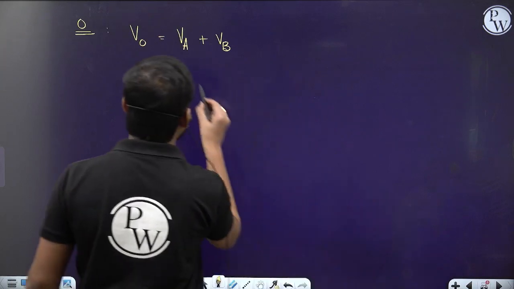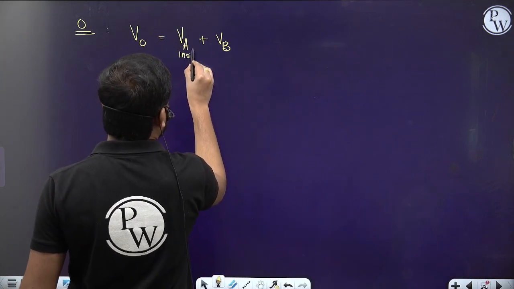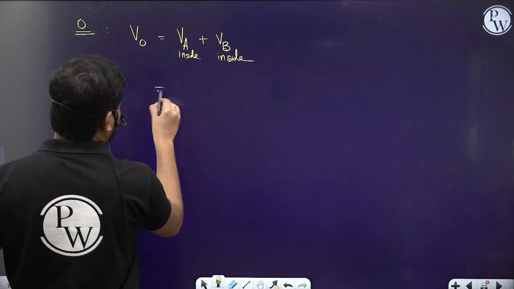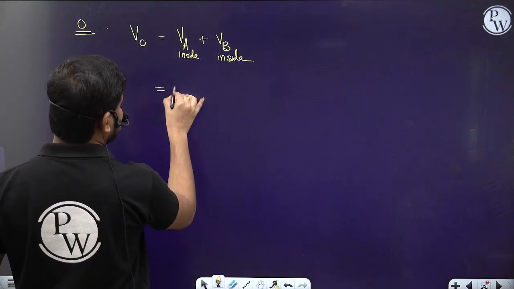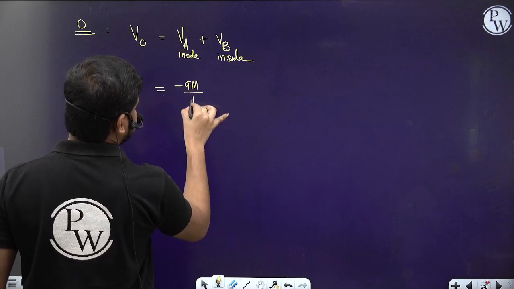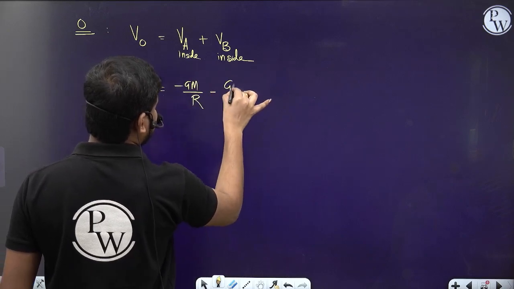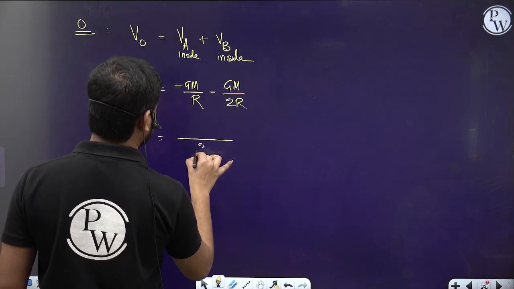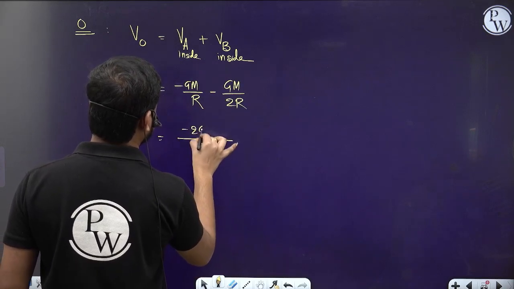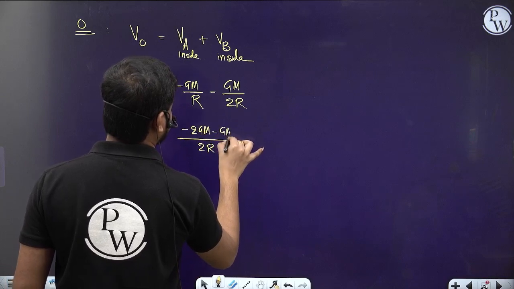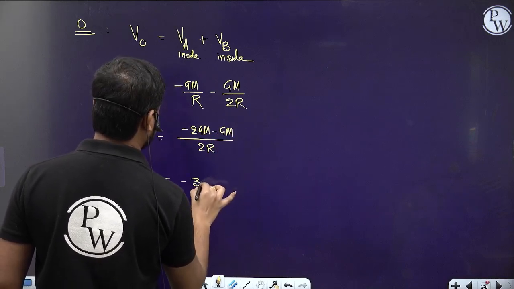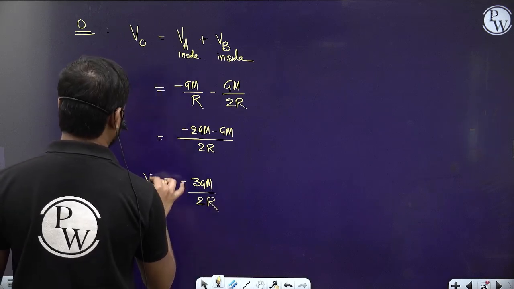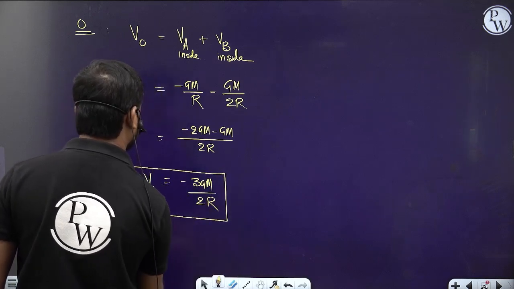So for shell A we consider the radius as small r, and for shell B it is 2r. Now the LCM is 2r. Here it is minus 2GM minus GM, which is minus 3GM by 2r. Minus 3GM by 2r is the potential at O.